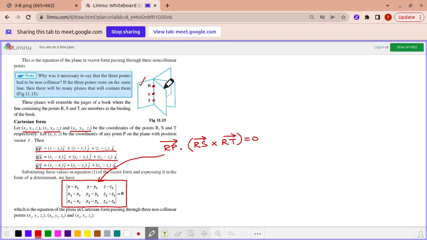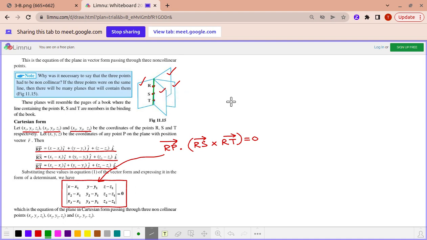One plane is this, one plane is this, one plane is this, as if you are having a book, where R, S, T are the 3 points along the line of the binding of the book. So if I write it in green color, this is the binding of the book and these are the planes of the different pages of the book.